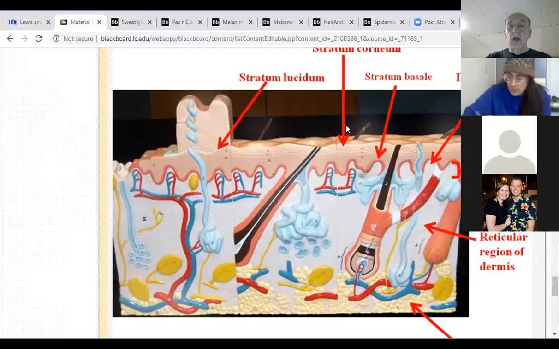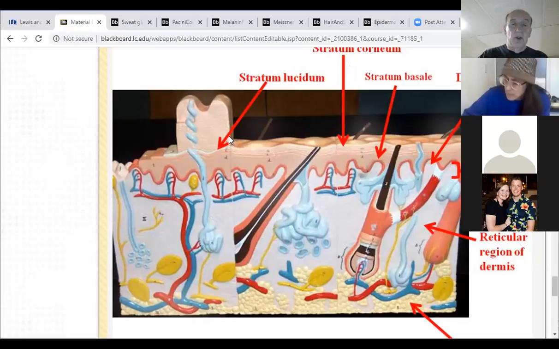The top layer of our skin is stratum corneum. I'm sorry, the top layer of our epidermis is stratum corneum. The deepest layer of our epidermis is this orangish layer, meandering layer, the stratum basale.